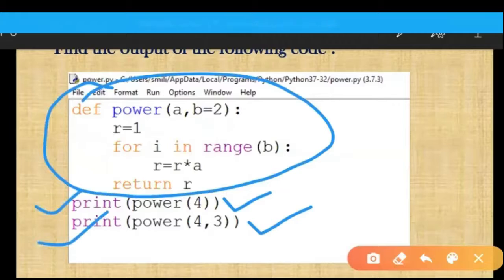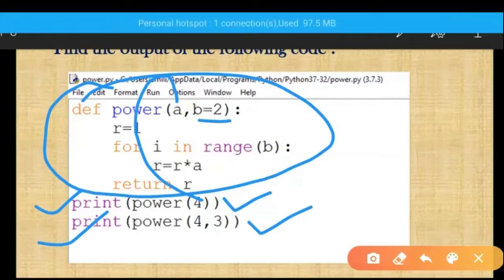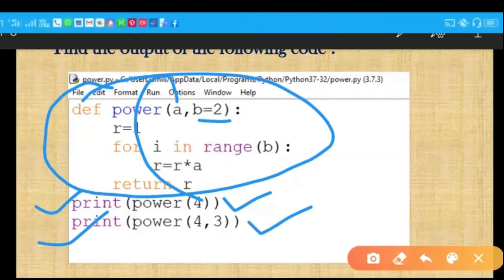So I have defined the function, then I am calling it first with the value 4 and second time with the values 4 and 3. When I call the function with the value 4, this 4 will be copied to a. I am not providing any value for b, so automatically b is equals to 2, the default value, will be accepted by the compiler.